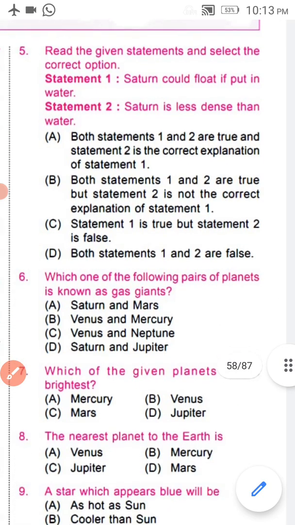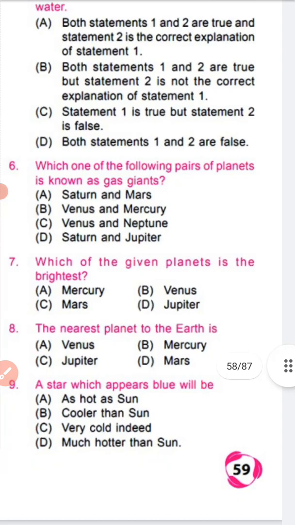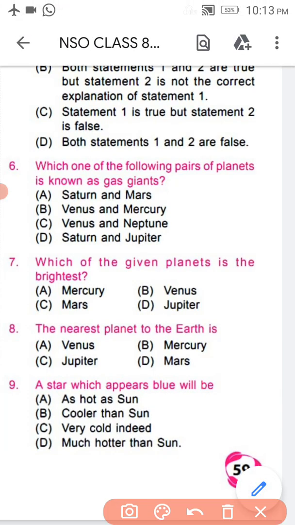Now come to question number 6. Which one of the following pairs of planets is known as gas giants? So you have to identify the pair of planets. Saturn and Mars, not. Venus and Mercury, not. Venus and Neptune is not.